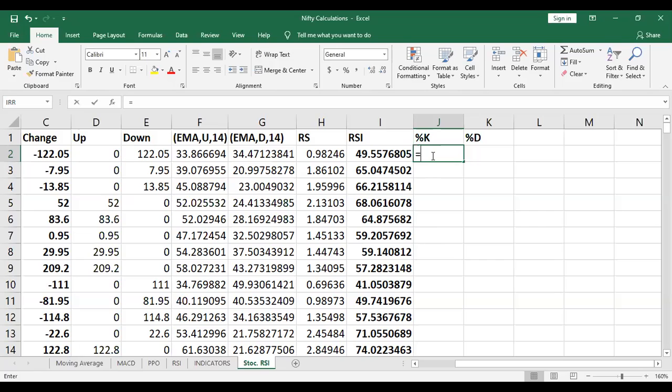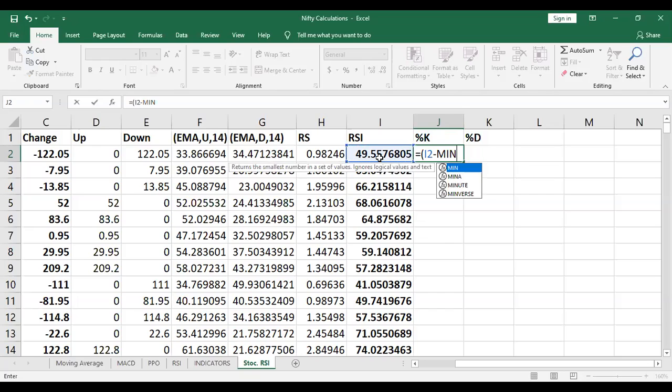For it, K is equal to RSI minus the minimum of this, and we are calculating for 14. So we take 14, plus 1 for calculating the EMA, that is the minimum from row 3 to 17.